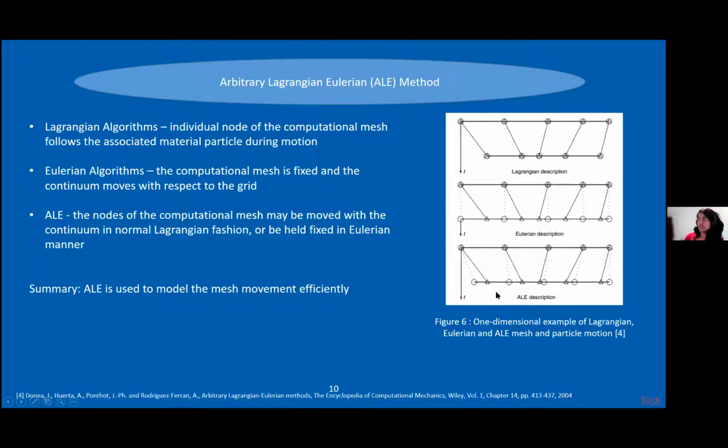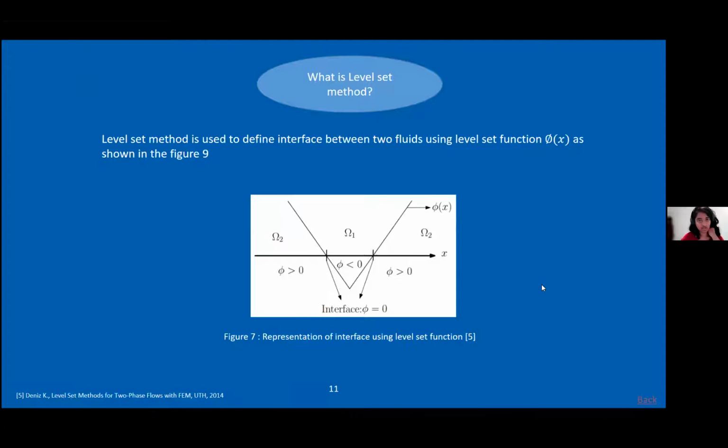That's why we need a compromise between these two methods, which is an ALE description. And now talking about level set method, as I had explained previously, level set method is an interface tracking algorithm. So for example, if I have two fluids, which is 1 and 2, and this is the interface, I define a function phi of x, which tracks the interface.